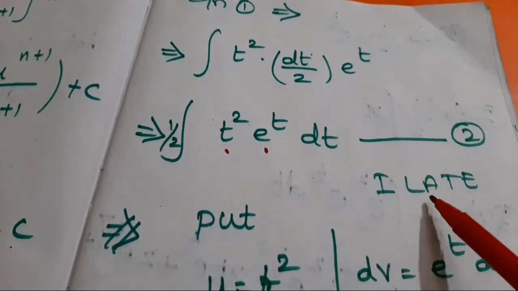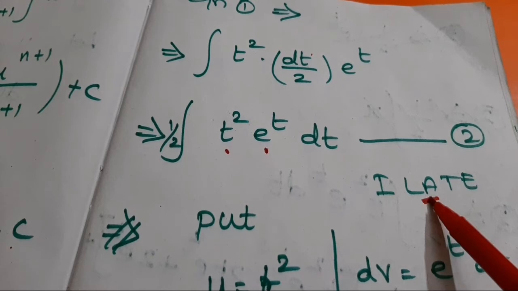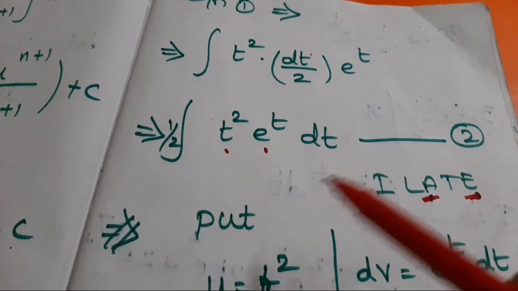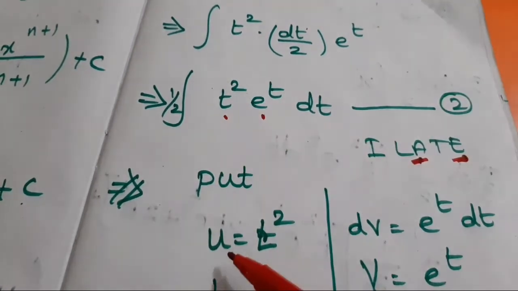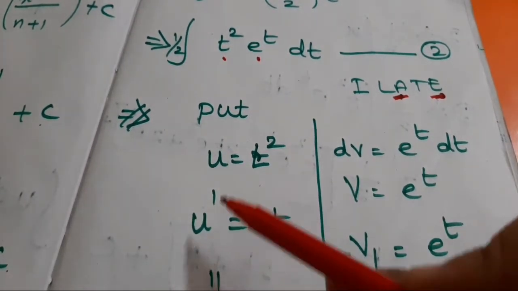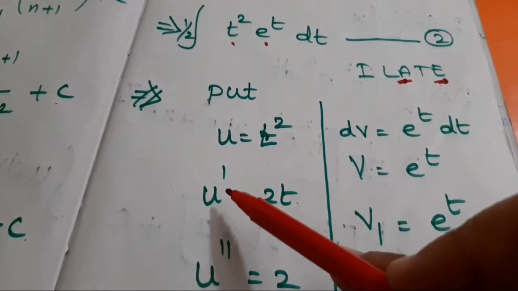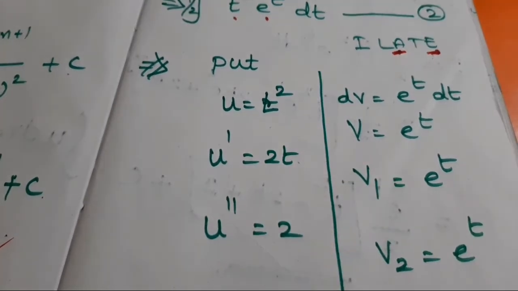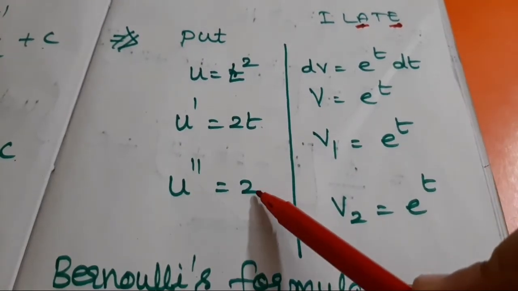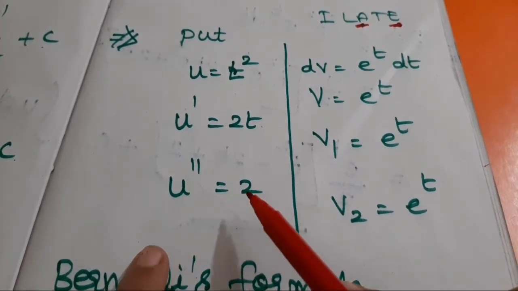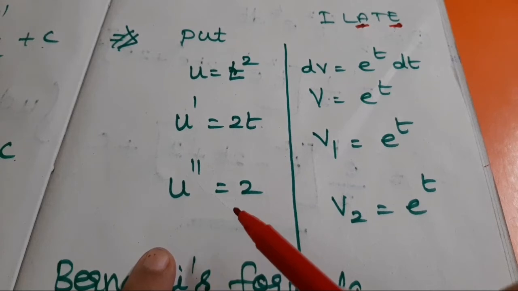In ILATE, algebraic function comes in the first priority and exponential function in the last priority. So I want to take t^2 as u, and then find the derivatives: u dash is 2t, u double dash is 2.